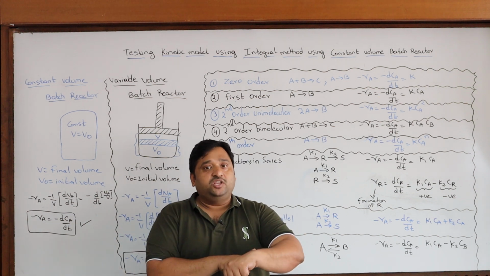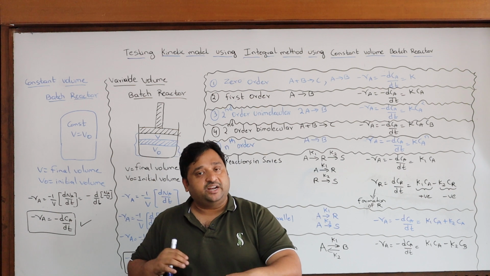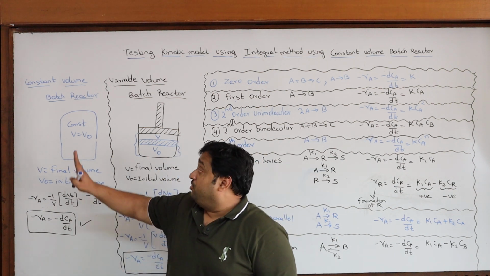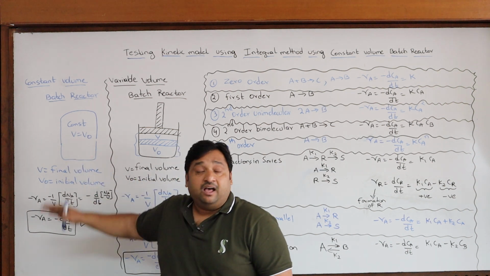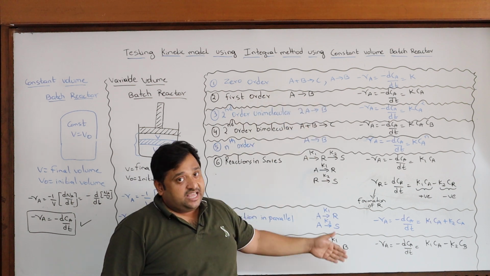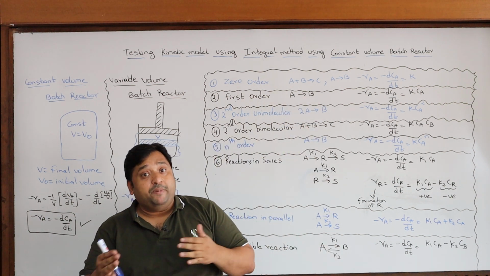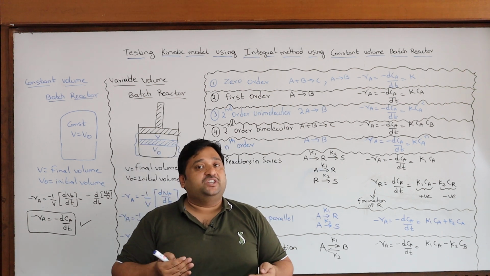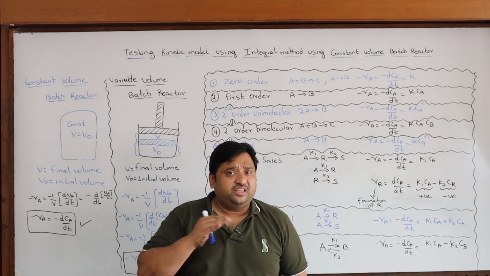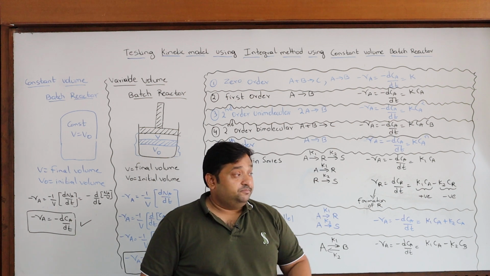I know at 0 seconds what my concentration is, at 10 seconds what my concentration is, at 20 seconds what my concentration is. This is the information you get from the experiments. Now you have to fit this experimental data with the assumed models listed here. Which one fits: 0 order, first order, or second order? Based on that, we can come to a judgment whether 0 order is best, or first order or second order reaction. These are the things we have to work on.